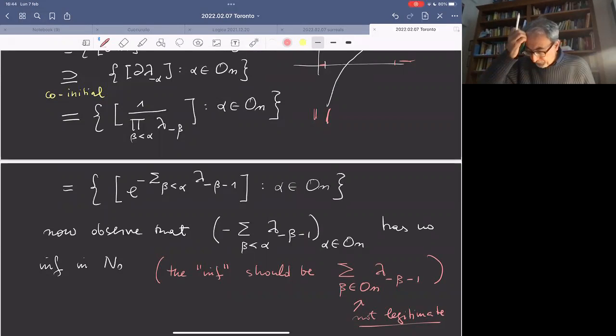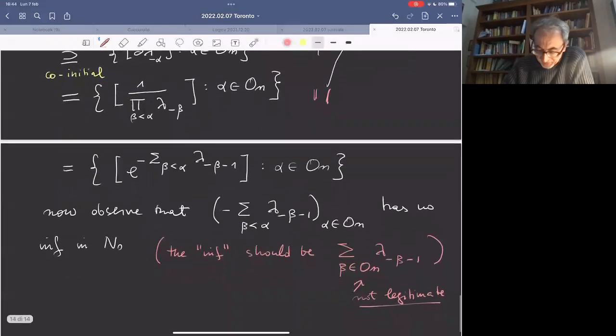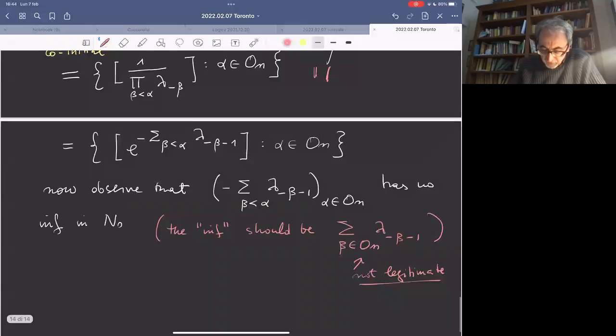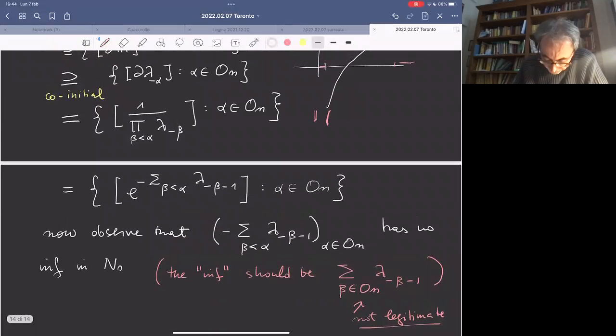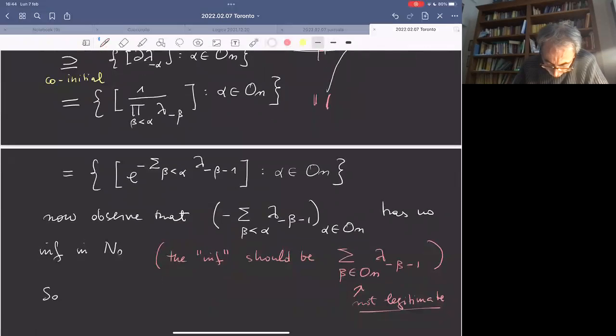This lambda free, omega free, I mean, maybe Vincenzo will say something more. Everything I cannot do, I will leave to Vincenzo to explain. So the fact that this has no inf means psi has no inf.